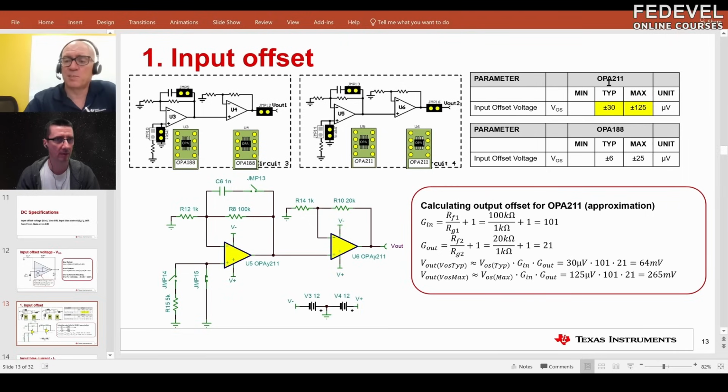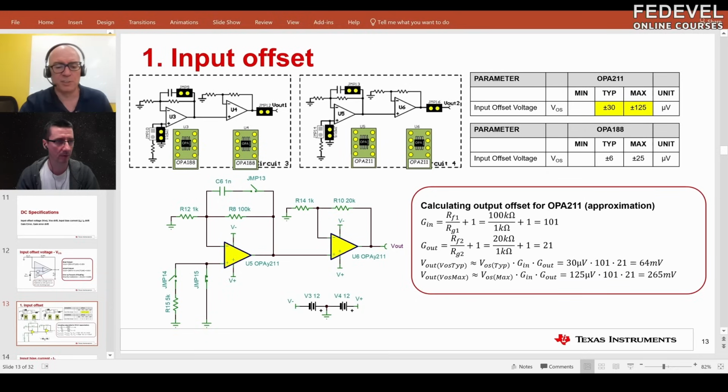And I would say this one on the top is optimized more for AC. It's a very, very low noise device. And this one at the bottom is optimized for DC performance. So that kind of gives you an idea. Sometimes people will conclude, oh, well, the one on the top is the good one and the one on the bottom is not so good, but it's optimized in different ways.